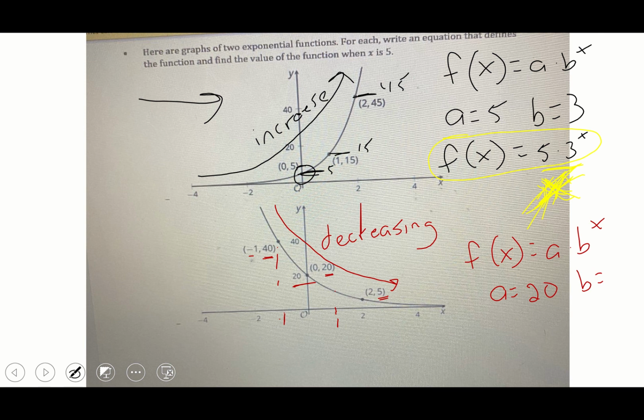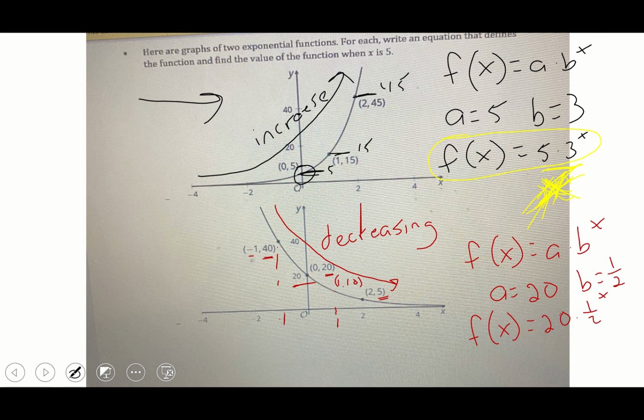Then 20, for the next iteration, would be halved again, so you'd have 10, and then it'd be halved again, which would be 5. So in this case, my b is 1/2. Numbers are halving. So my equation would now become f of x is equal to 20 times 1/2 to the x.